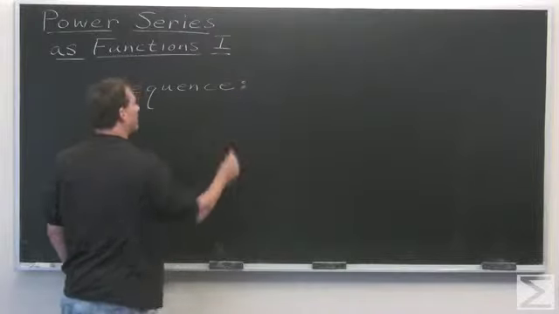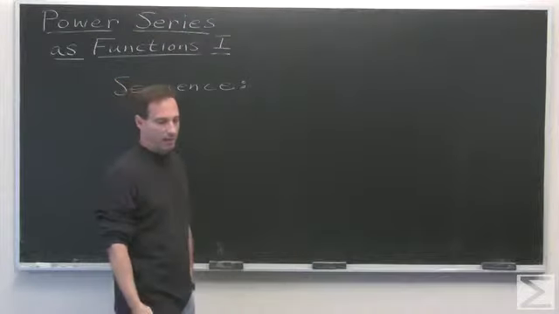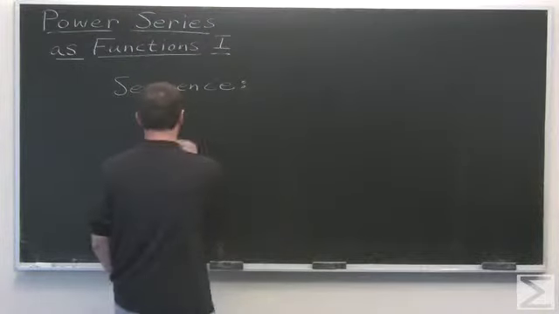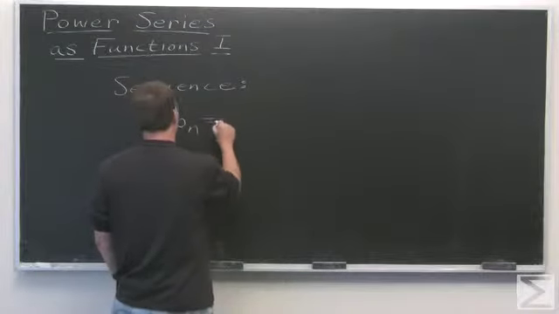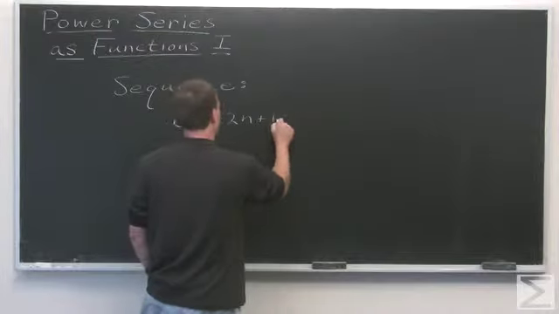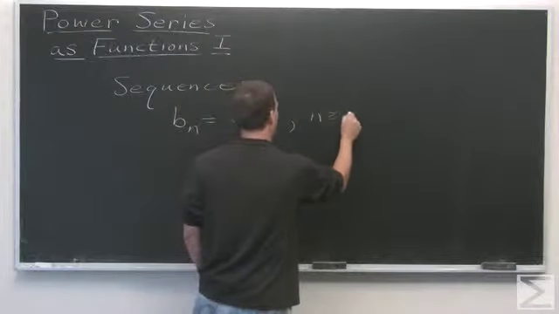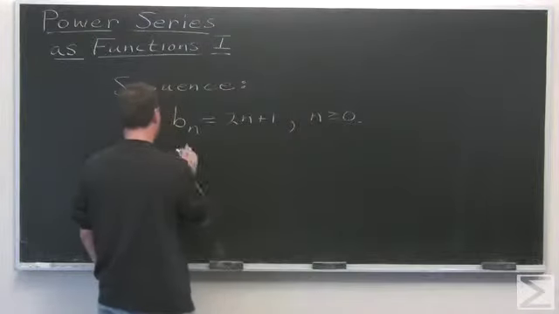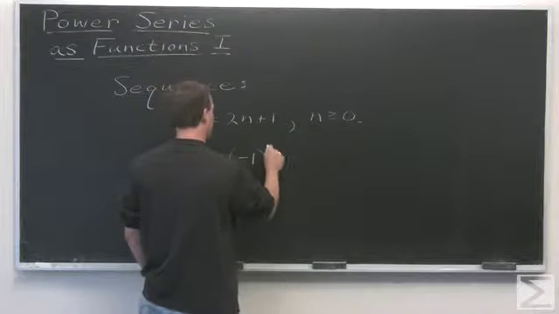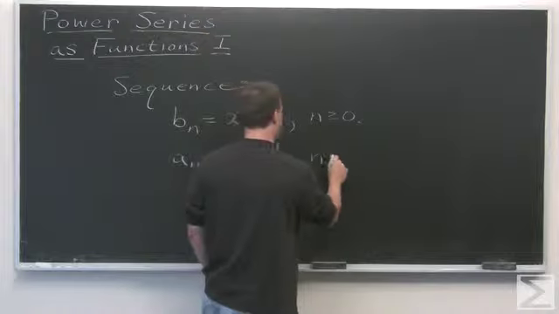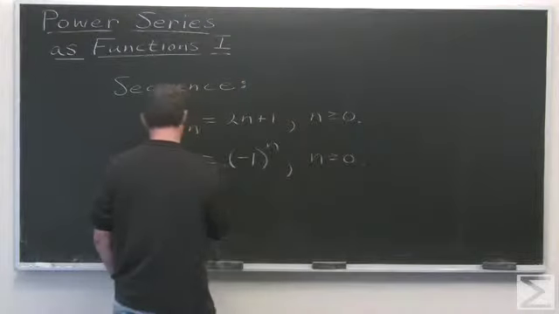You should know, we usually write a sequence as something like this. I want to use three examples. Something like b sub n equals 2n plus 1, where n is greater than or equal to 0, or a sub n equals (-1) to the n for n greater than or equal to 0, or c sub n.